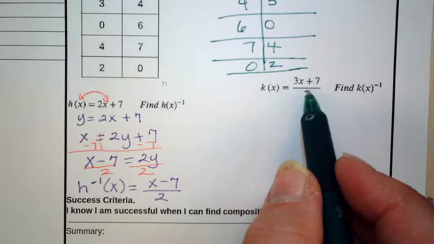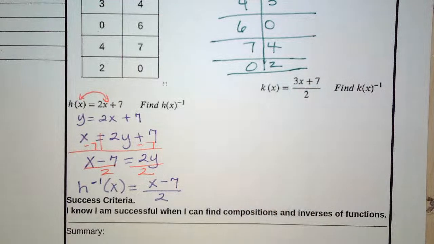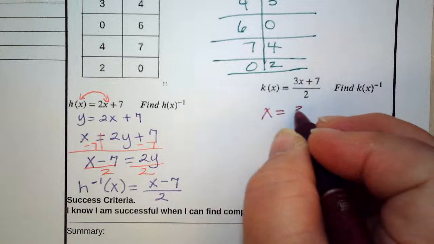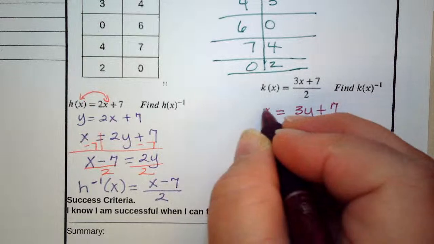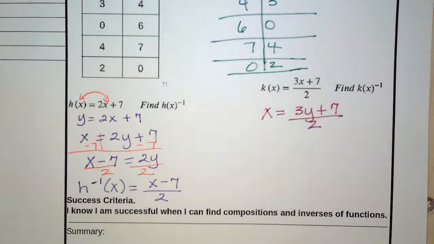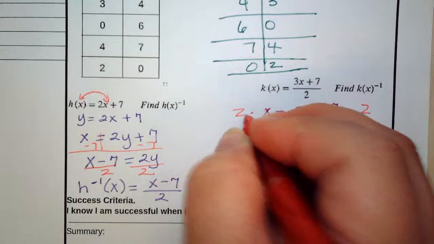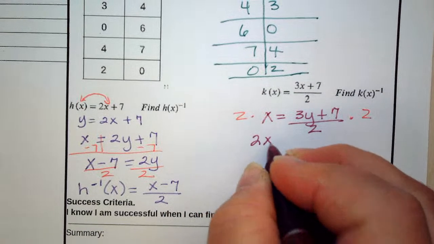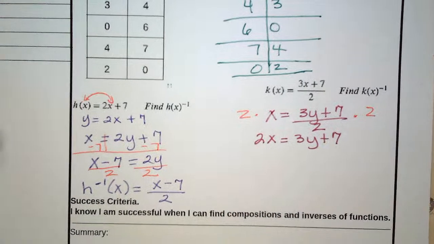Okay, in this case, you want to switch them around, and x is equal to 3y plus 7, divided by 2. Step 1, multiply by 2. 2x is equal to 3y plus 7.